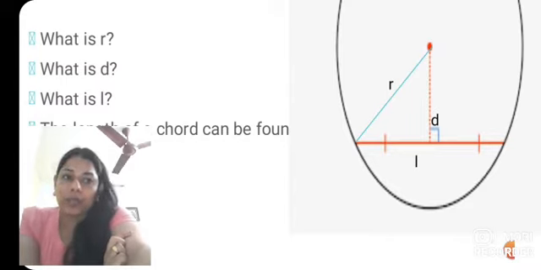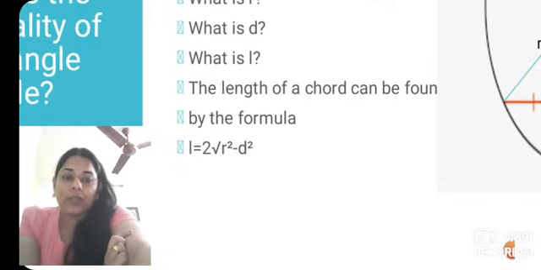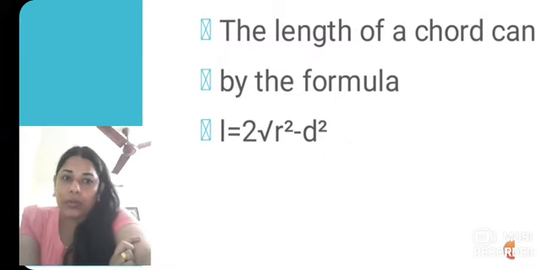Using the Pythagoras theorem, L by 2 whole square equals R square minus D square. So L by 2 equals root of R square minus D square. The 2 in the denominator goes to the other side and becomes multiplied by 2. So the length of the chord L equals 2 into root of R square minus D square.